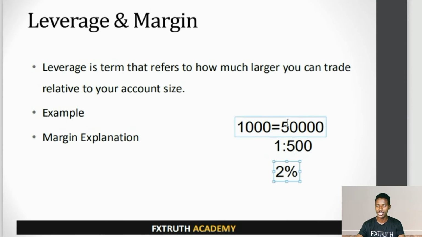So imagine you want to trade to the tune of this 50,000 USD. You are required to put 2%, which is 1,000 USD. You understand? So this is what margin simply means. Margin simply refers to the percentage you should put to be able to trade a particular security in the forex market. So is that understood? Let's move forward.